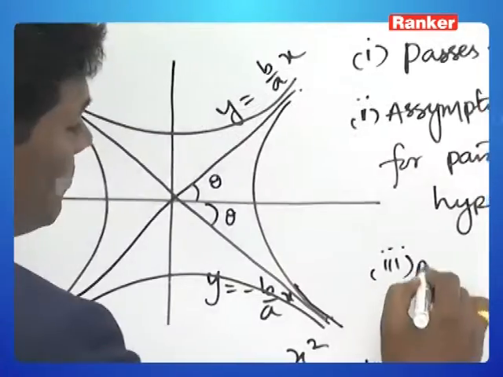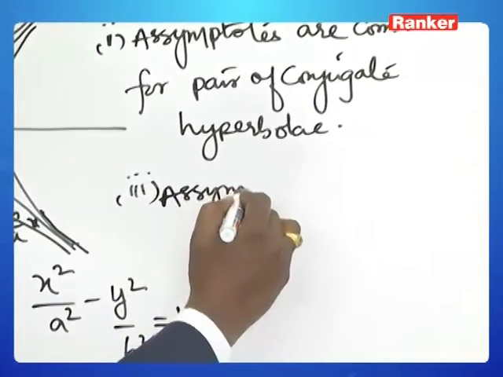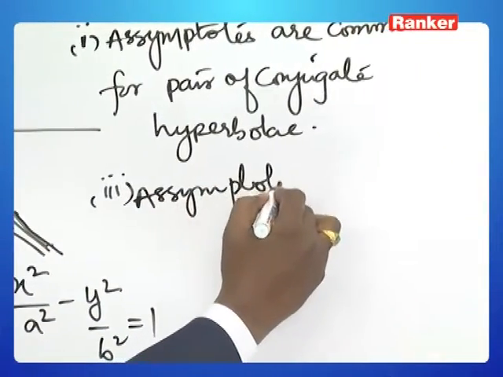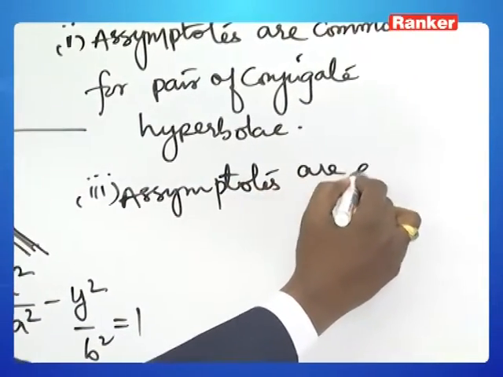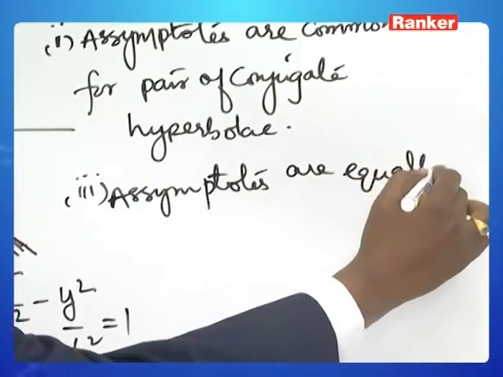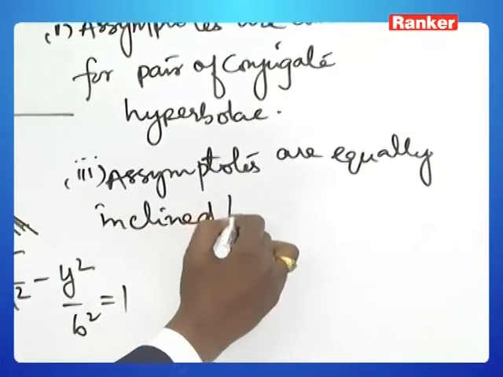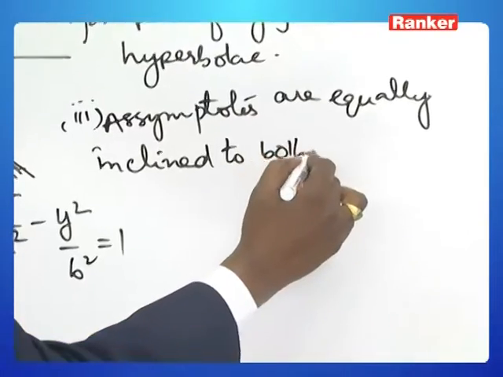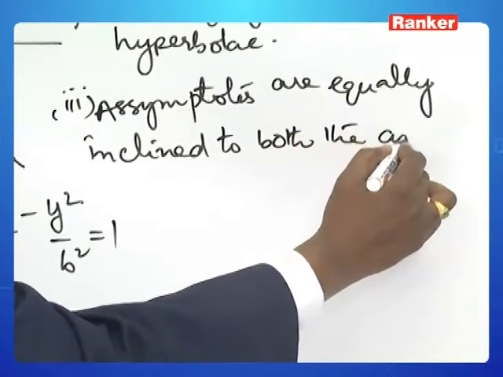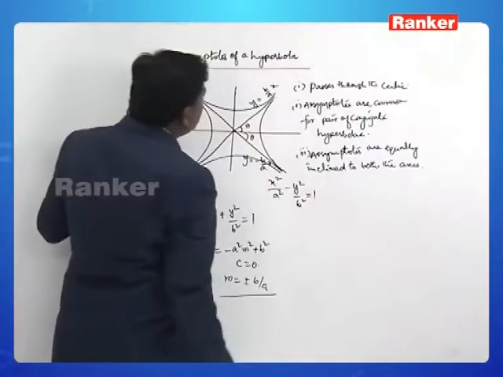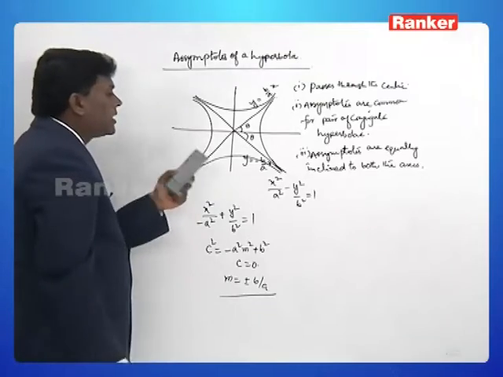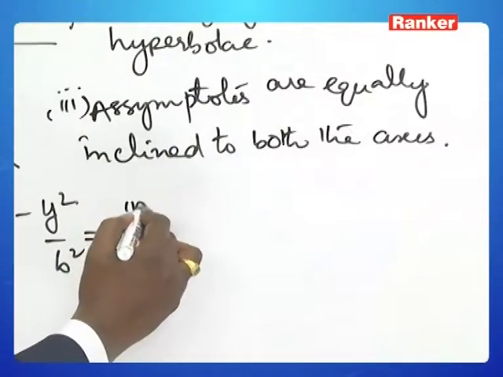Therefore, asymptotes are equally inclined to both the axes. Both the asymptotes are equally inclined to both the axes.